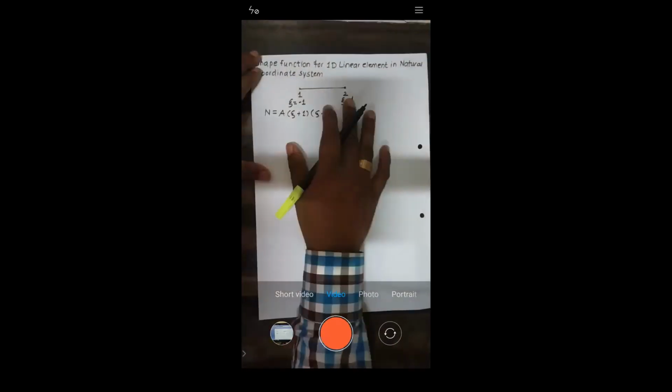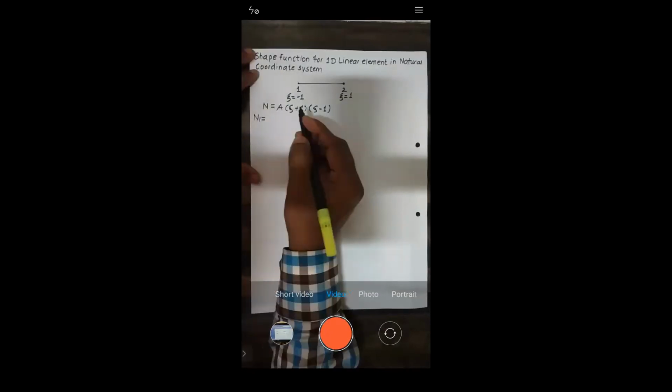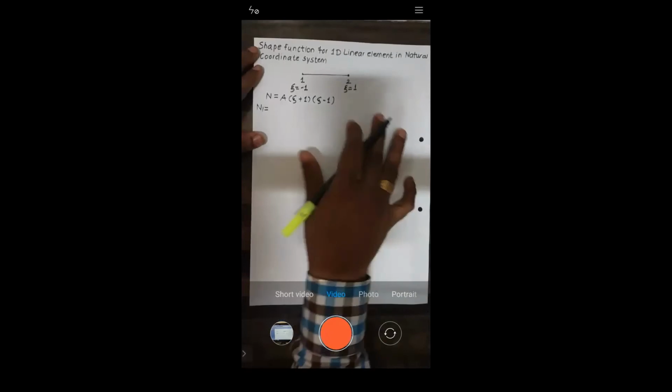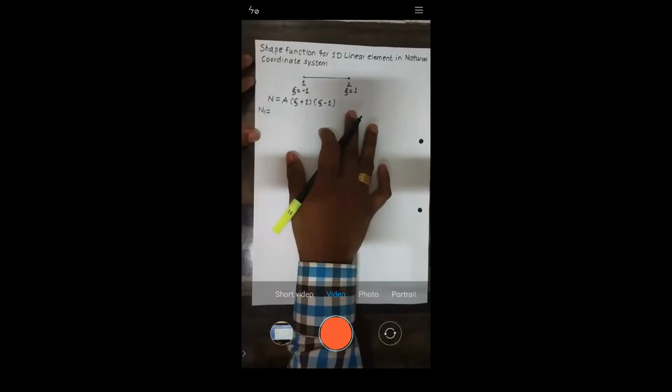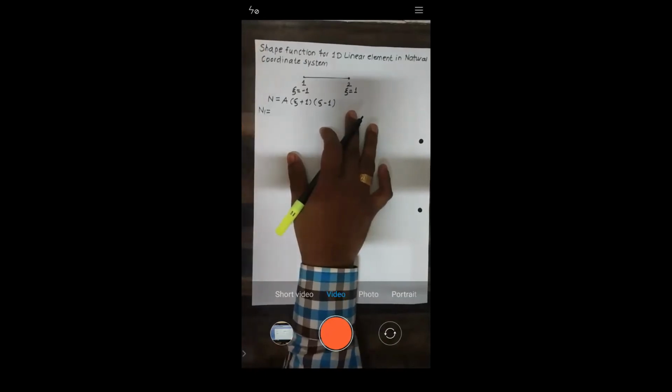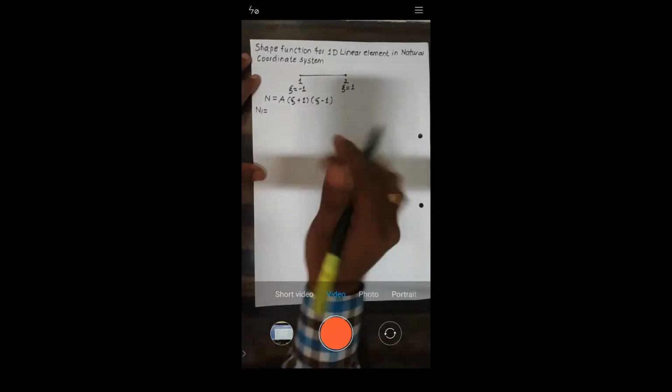Now tell me for N1. N1 is equal to A1 into zeta minus 1.